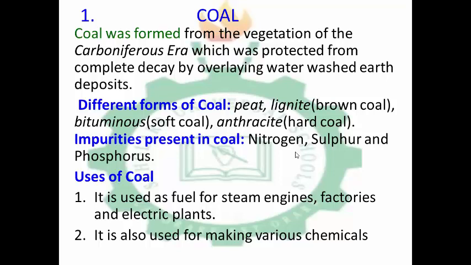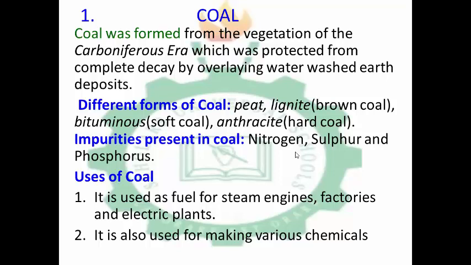Anyway, we are not really concerned with how coal is formed, but we only need to know how we get it, which is mined, and how it is used.